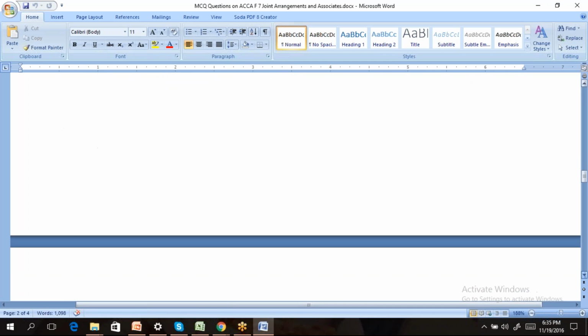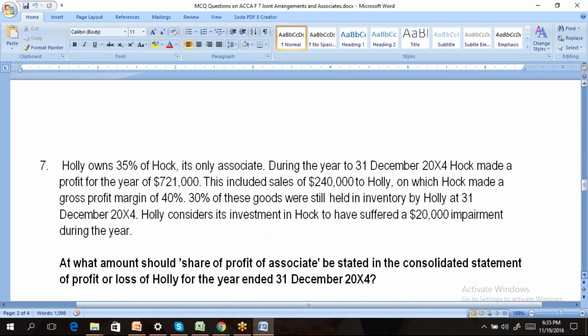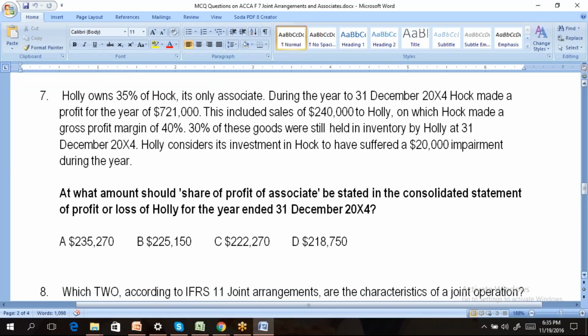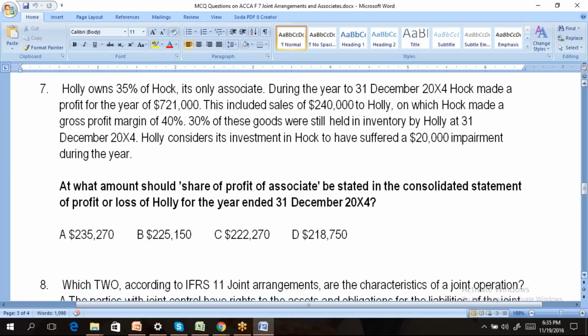So the next one says Holly owned 35% of Hook, its only associate. During the year to 31st December 2004, Hook made a profit of 721.